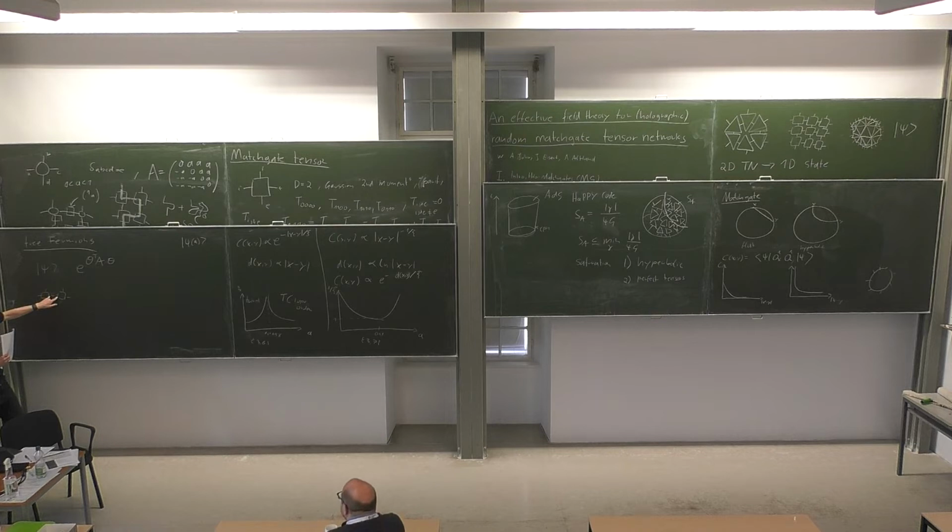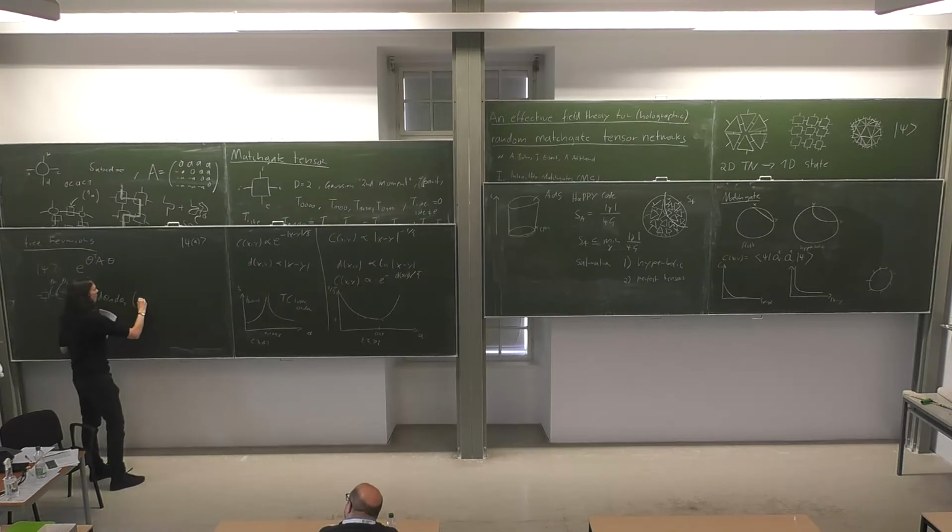It's basically just a projection to a maximally entangled pair, which you can write formally as integrating out the two fermionic modes that are associated to these two vector spaces.